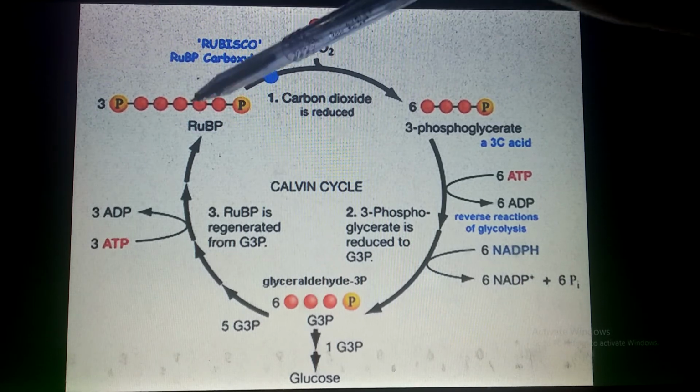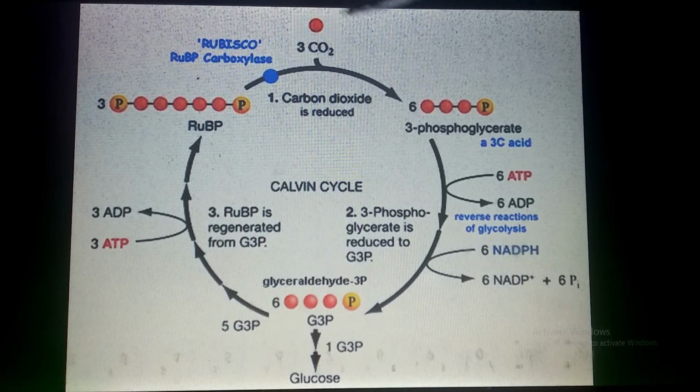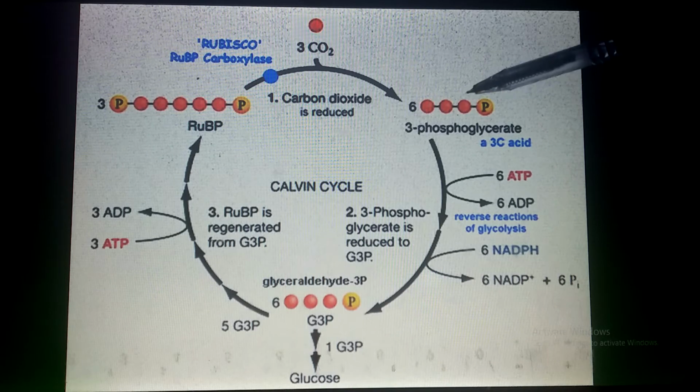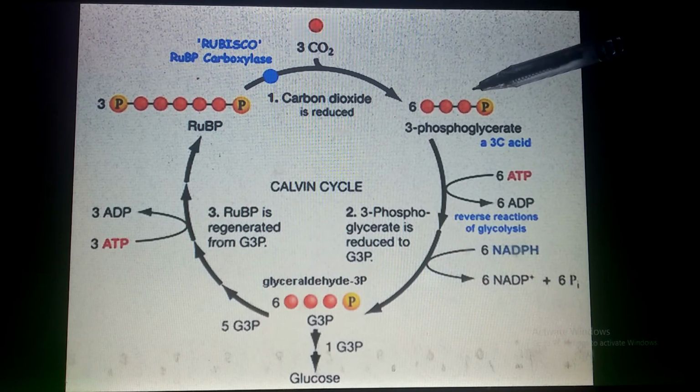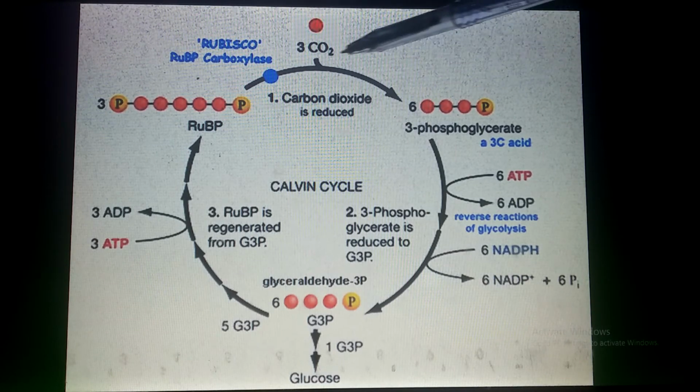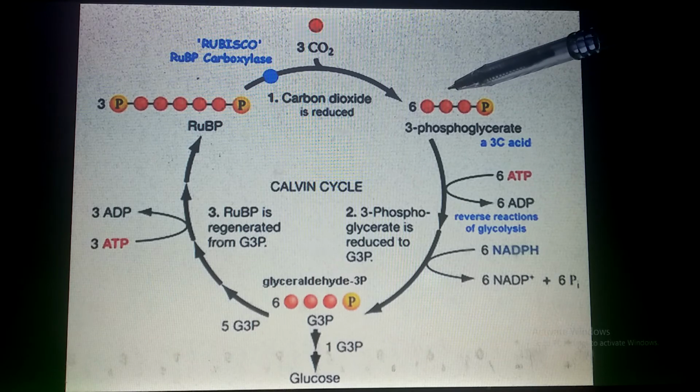Now here there are 18 carbon. So how many molecules of the phosphoglycerate will be produced here? 6 molecules. If you multiply 6 with 3, you will get 18 carbon. 6 3s are 18.